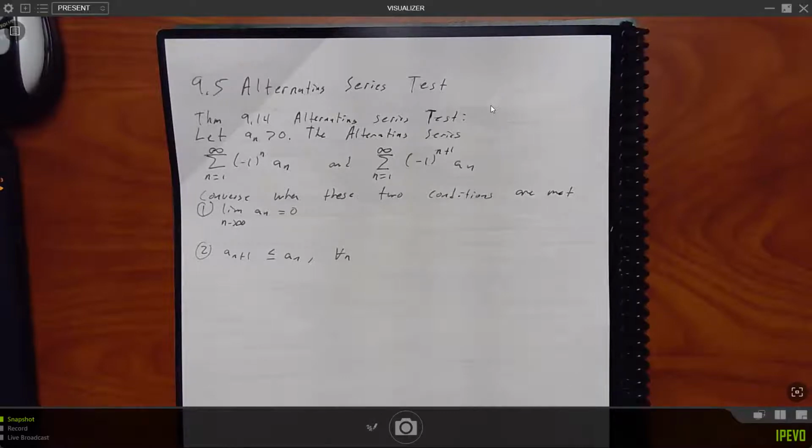Let me check. I have 9.4 scanned. Maybe I haven't sent it. Yeah, here it is. I was scared of that. It didn't scan.